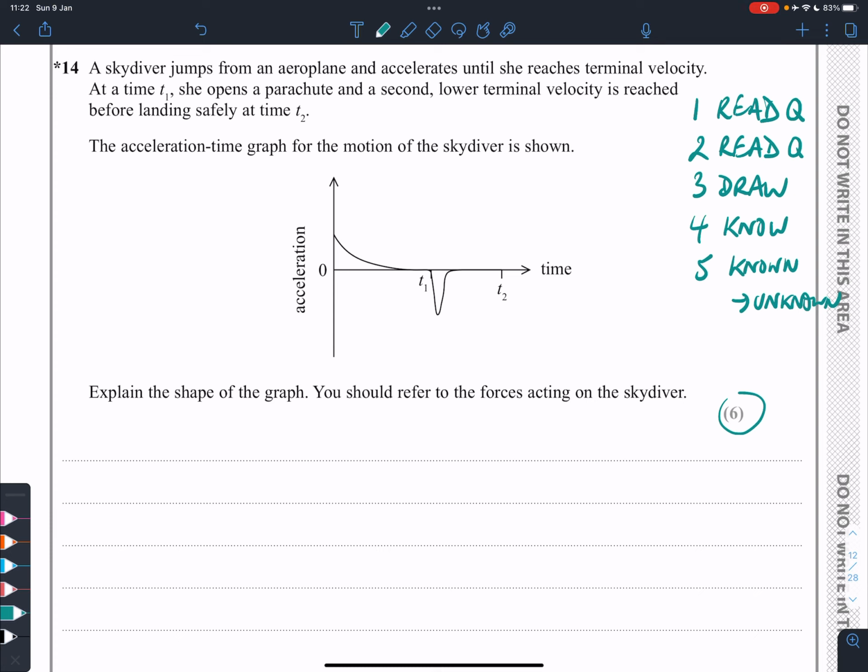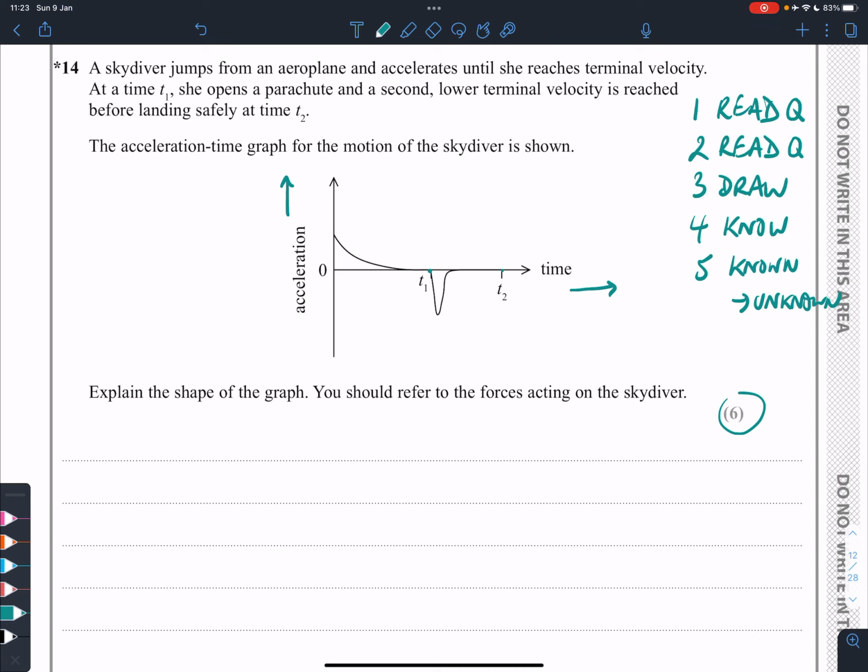So the skydiver jumps from an aeroplane and accelerates until she reaches terminal velocity. Now this is the acceleration and this is the time. At the time t1, she opens her parachute and a second lower terminal velocity is reached before landing safely at time t2, which is here.